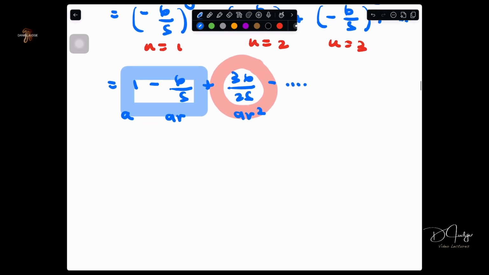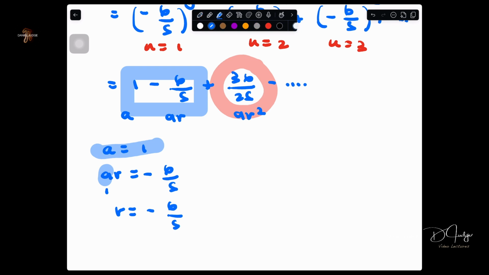So what this means is A is 1, AR is -6/5. Replace this A here with 1, which means R is -6/5. Here's our R value. All right, we got to double check. Is AR squared equal to 36 over 25?